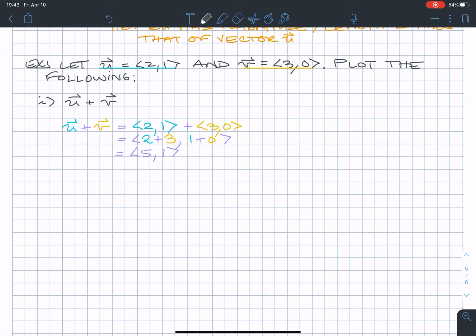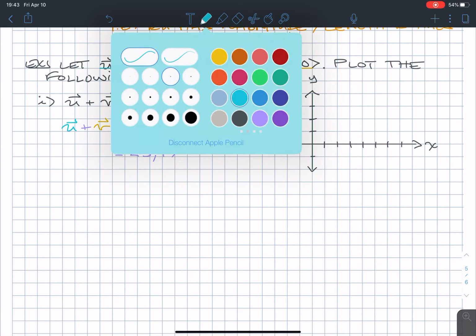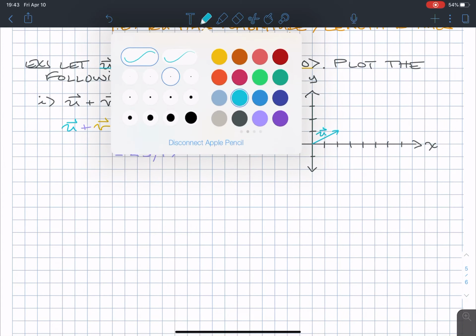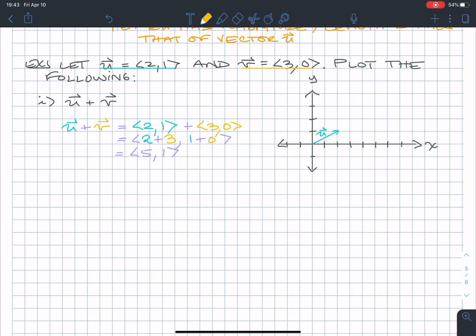So x and y coordinate axes. We know u is 2 comma 1, and v is 3 comma 0.